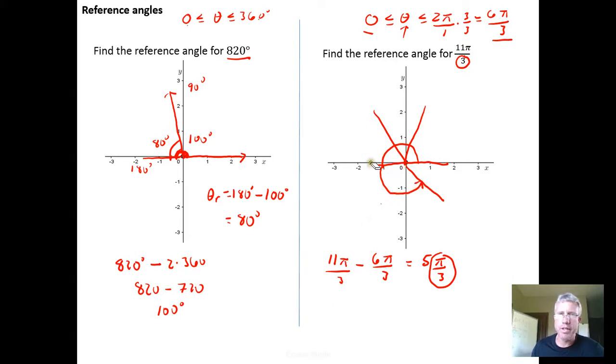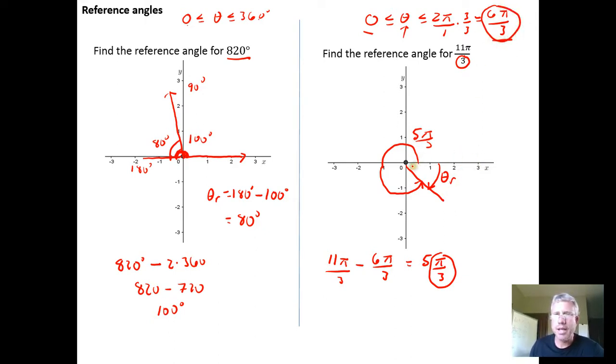over 3. There is a 5 pi over 3 radian angle, and our job is to find theta r. But a full rotation is 2 pi radians or 6 pi over 3 radians.